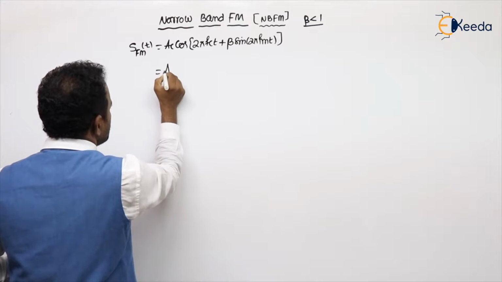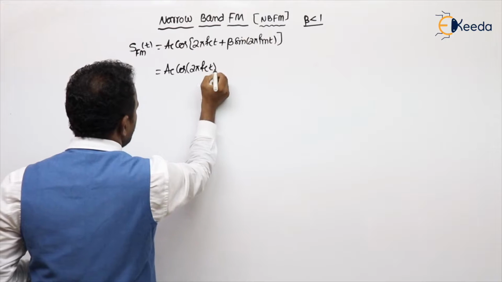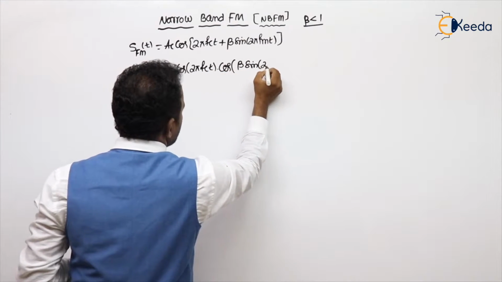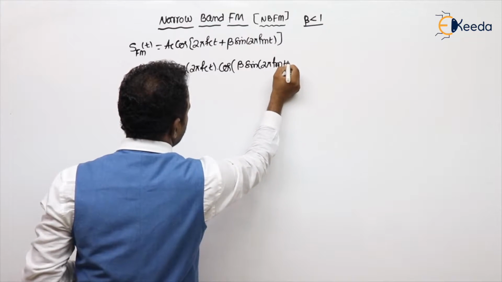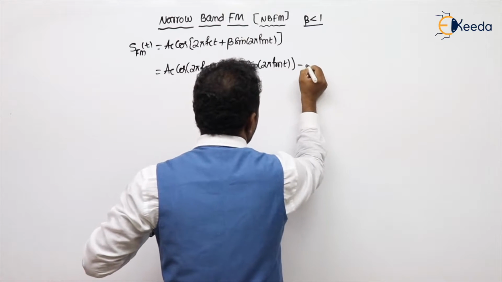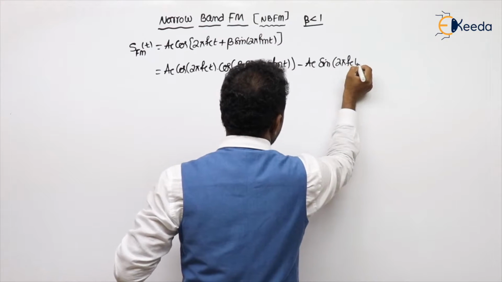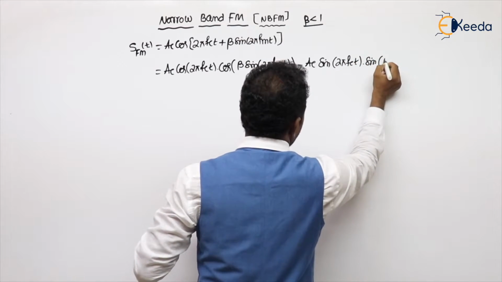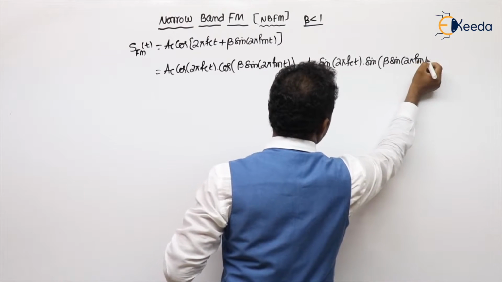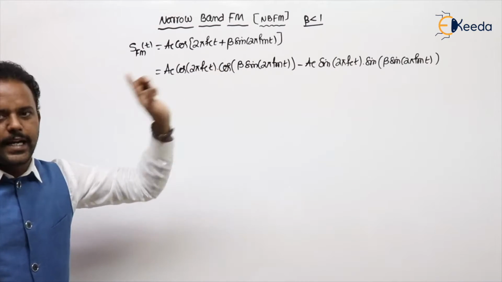If you expand that, it is AC cos 2 pi FC t cos(beta sin 2 pi FM t) minus AC sin 2 pi FC t sin(beta sin 2 pi FM t). That is cos A cos B minus sin A sin B.